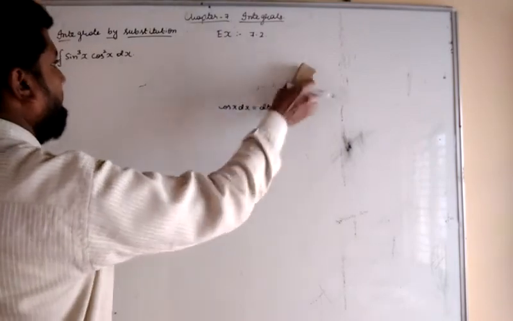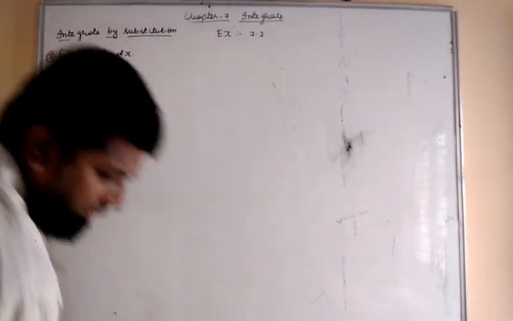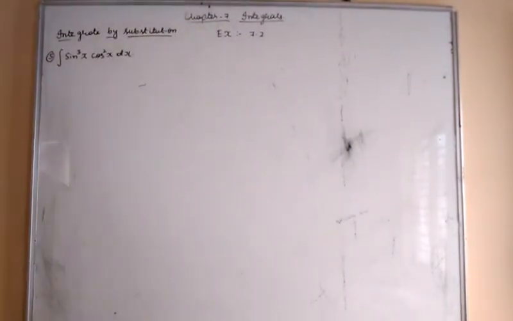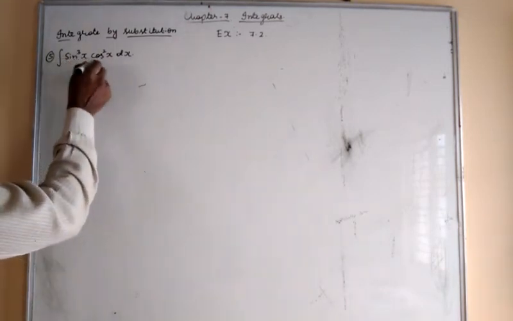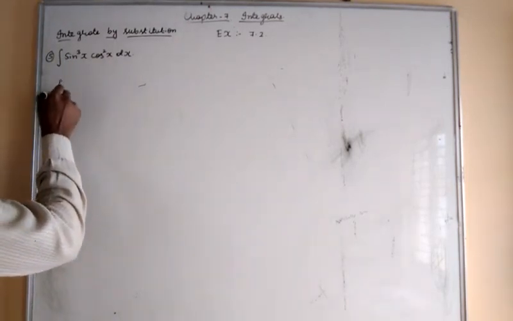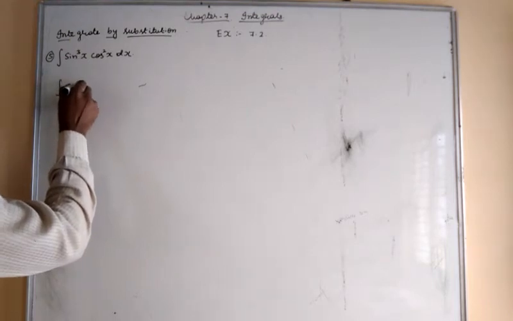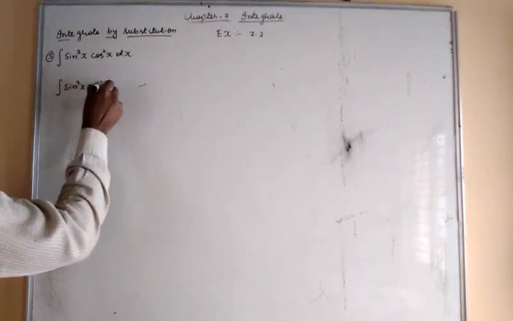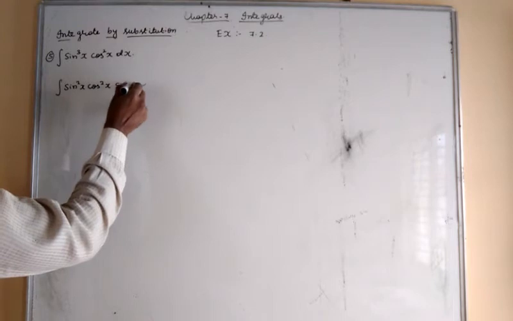Yeah, sorry, cos square x is there. So if there is a cos x, we can follow that method. So here sin cube x cos square x dx is there. So we can write sin square x cos square x sin x dx.